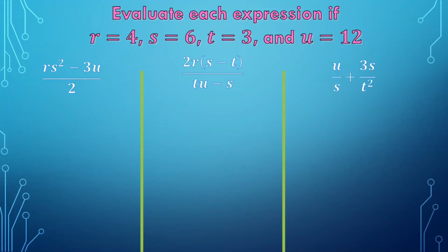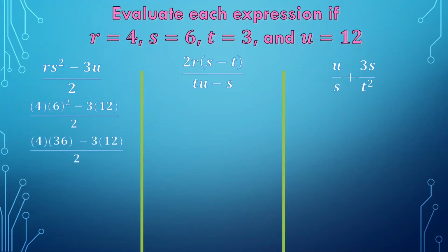Okay, like the last one, I'm gonna go through a little quicker, only because you should have something written down. If you're incorrect, pause the video and make a correction in your notes. So here, I replace all my variables with their value. I would first, in this case, have to do my exponent.